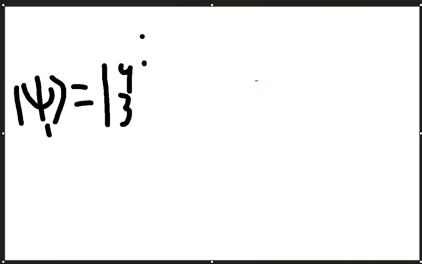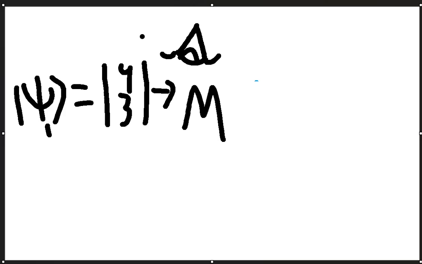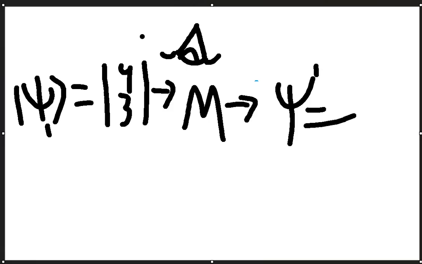Well, we can have a particle, a vector, which we call psi 1, might be equal to 4, 3, and as we observe it, see that there's like an eyeball. This is like a matrix, which then turns it into psi prime, which might equal some other vector otherwise.